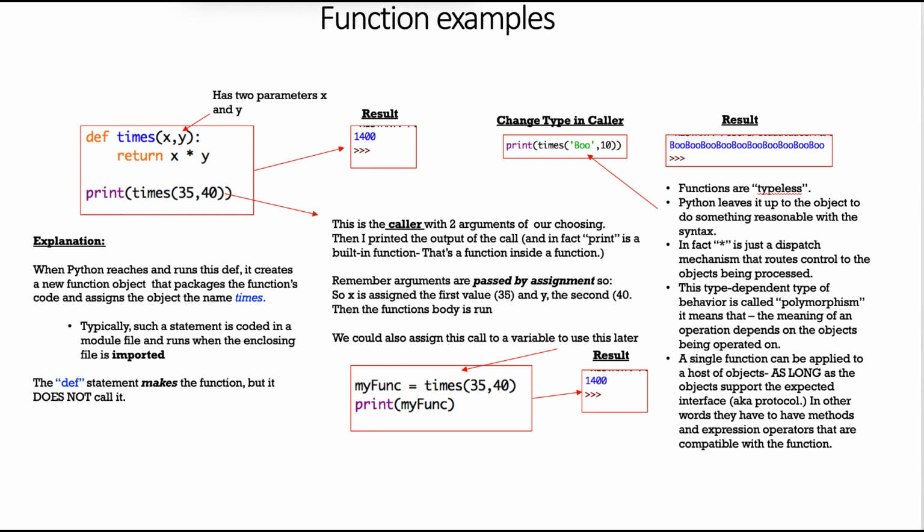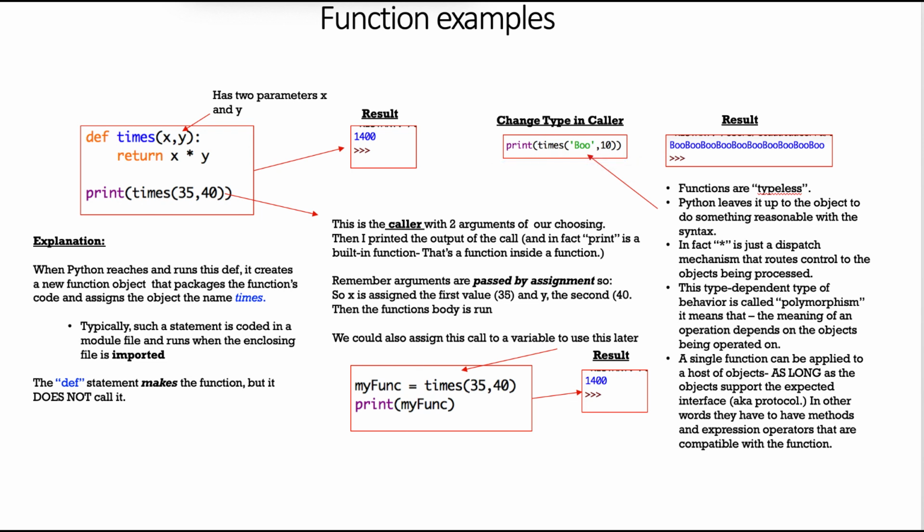We can also assign this call to a variable name to use it later. So we could do something like myfunc equals times and then pass it our two values, whatever they may be, in this case 35 and 40, and then we can print myfunc, we get the same result. Now here we change our first value to 'boo'. Rather than a number, it's a string.